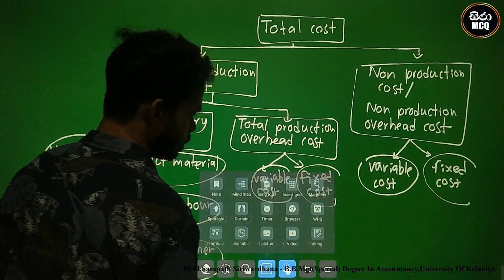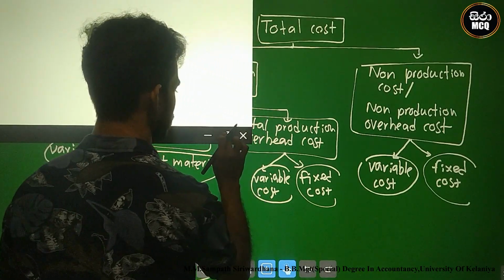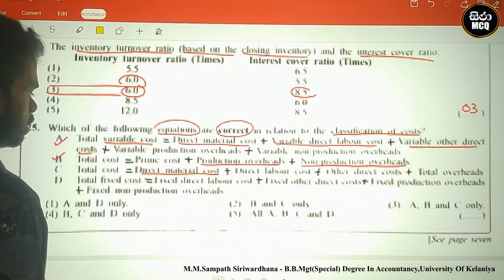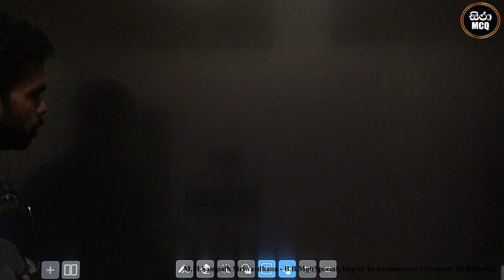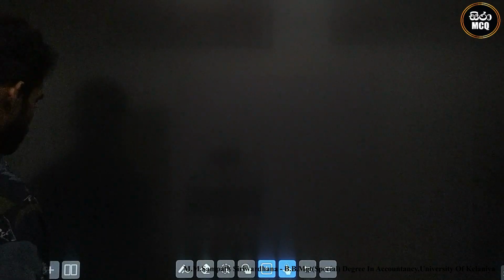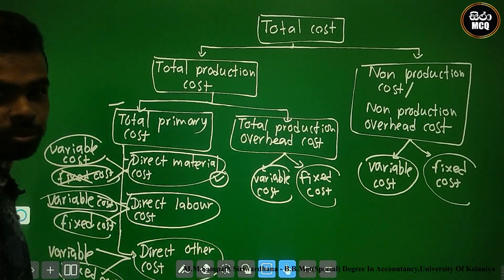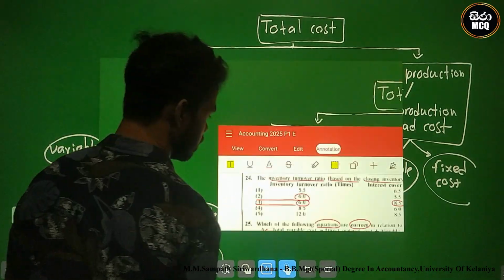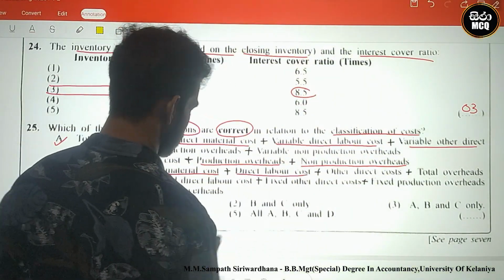Okay, what is the first one? The first one is total cost equals direct material cost. Direct material cost is okay. Look here, direct material cost is there. This one is okay. Next one, direct labor cost is okay.